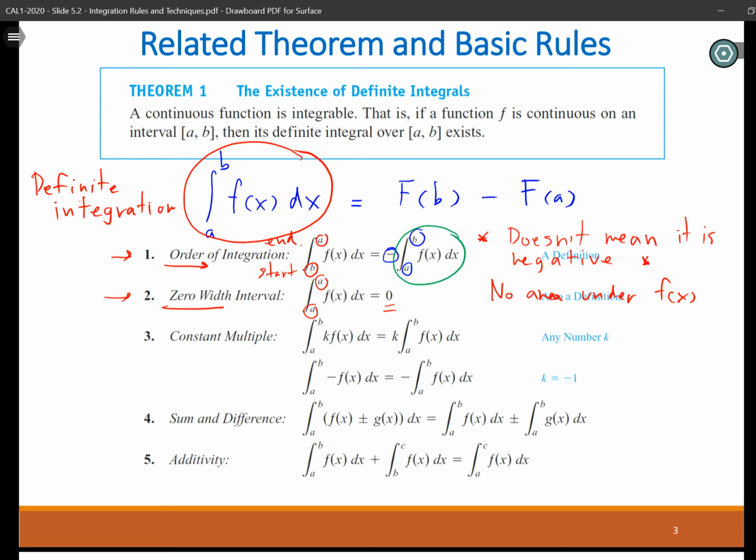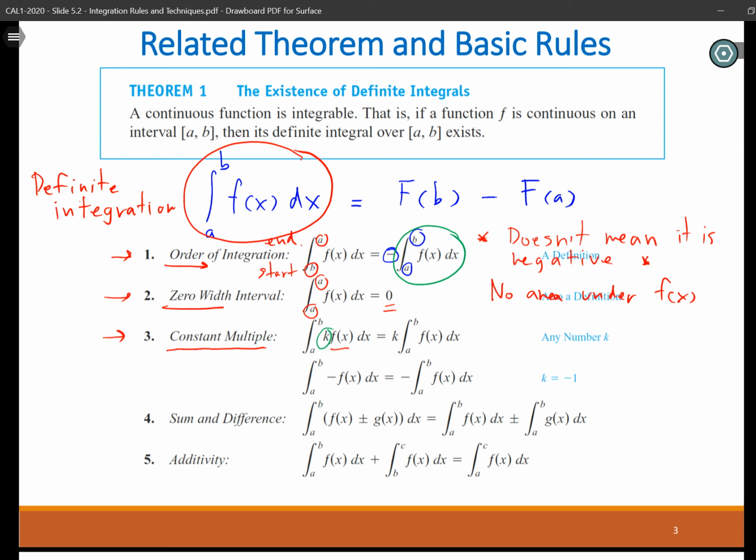Okay. Now, next property of the definite integral. It's about the integration of a certain function multiplied by a constant. So you want to integrate f(x), but then you have this constant coefficient k in front. This is just like in differentiation.